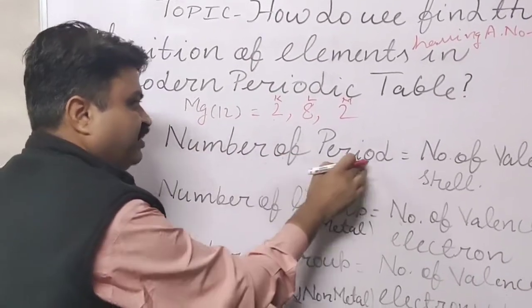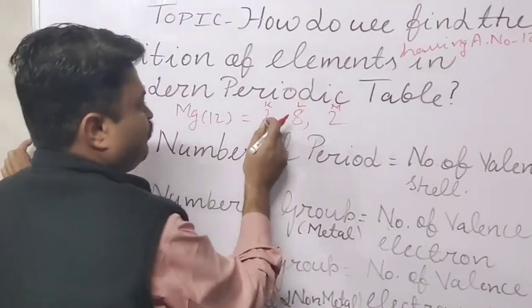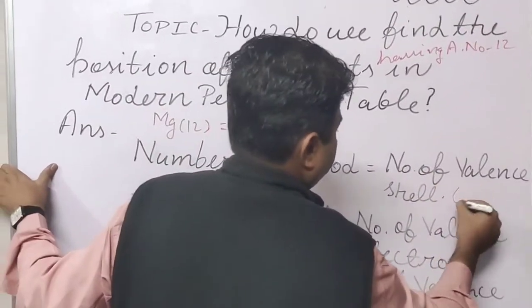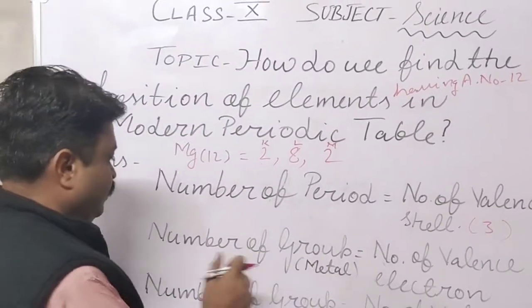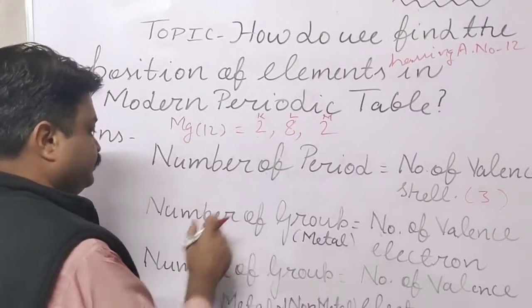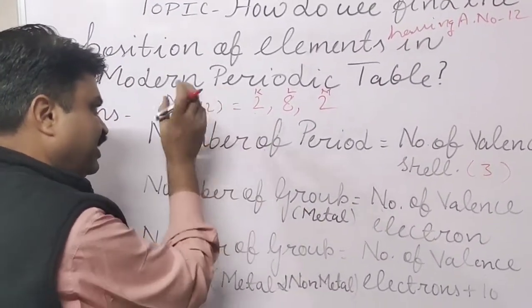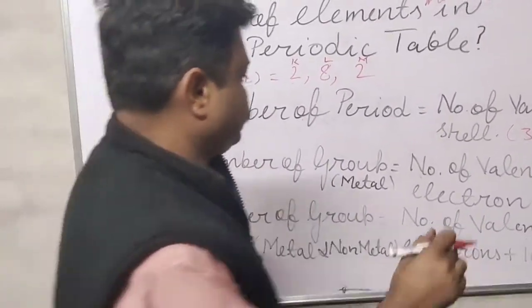Number of period, how many are there? Number of valence shells, how many shells are there? 1, 2, 3. So magnesium is in the 3rd period. Number of group. What is the position of magnesium in the modern periodic table?